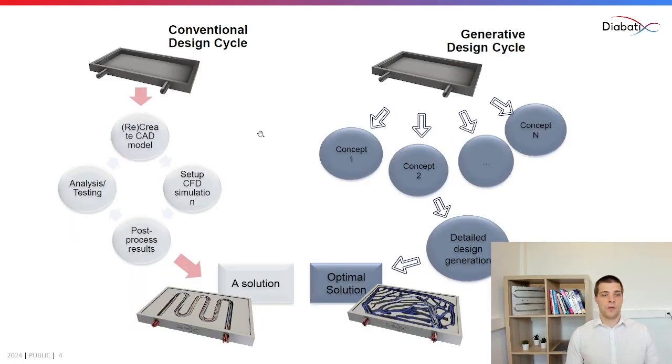Okay, on the left, we can now move on to how to design a heatsink. On the left, you see the conventional way of working, where you start from an empty shape where cooling structures can be generated. You first create a couple, either based on previous experience or based on a paper that you may have found online.